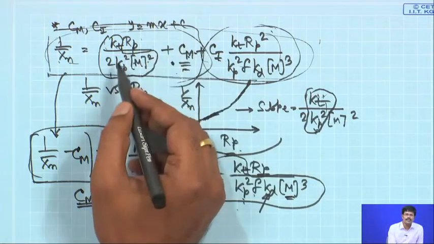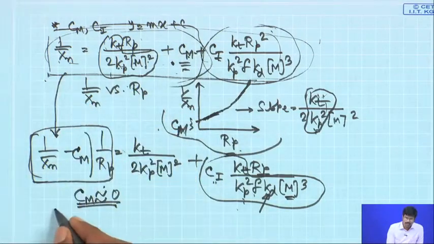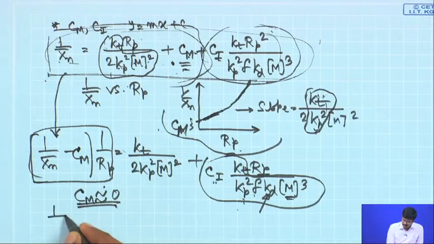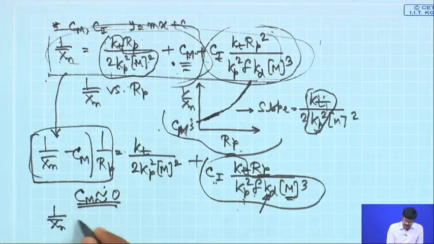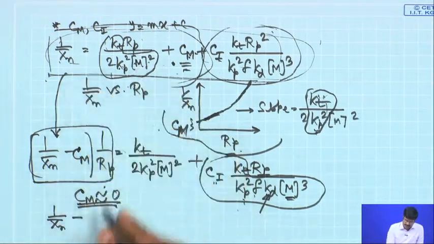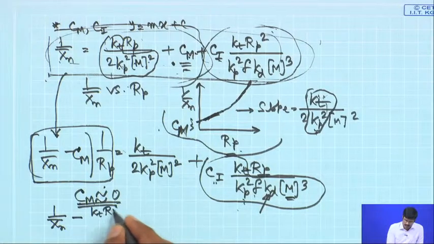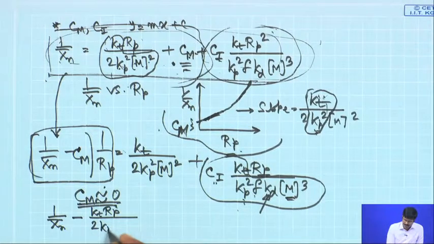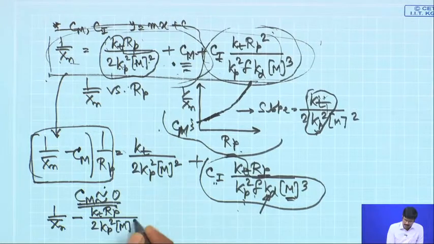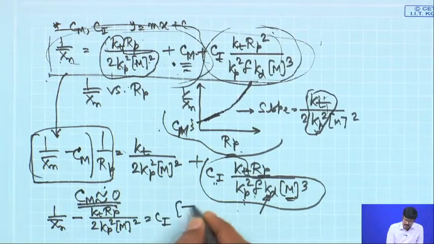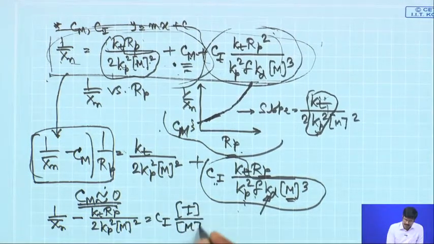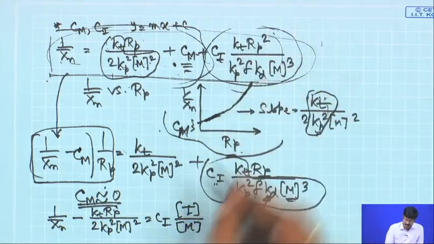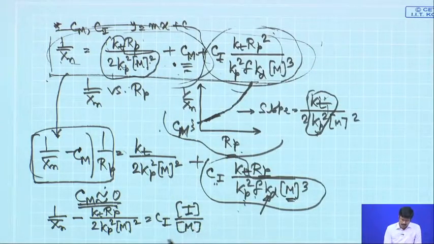Then you can rearrange this term and what you will get is something like this: 1 divided by xn bar minus, taking this term on this side, Kt Rp divided by 2 Kp square m square equal to Ci into I by m. Now, I am just simplifying this. So, instead of this expression I put back I by m for the simplicity of understanding for you.